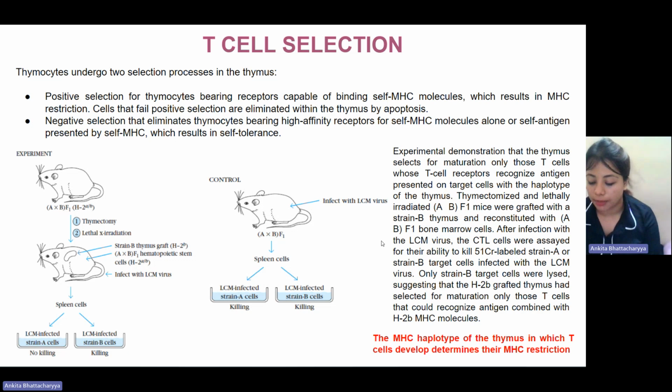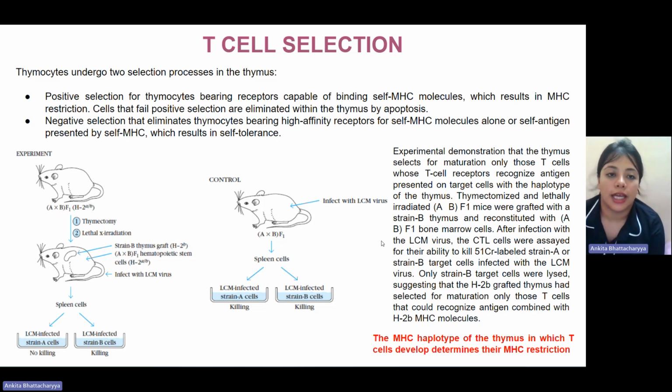You are only allowed to retain those cells that actually have receptors capable of binding to our own MHC molecules, which results in MHC restriction. Cells that fail positive selection are eliminated within the thymus by apoptosis.